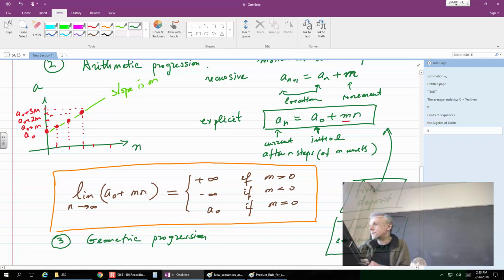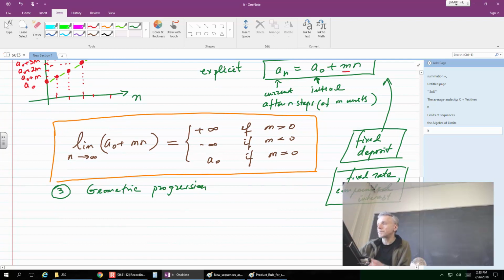So if the rate is fixed and your initial deposit is A naught, say the fixed rate is R, then how does the sequence progress? How does your bank account grow?